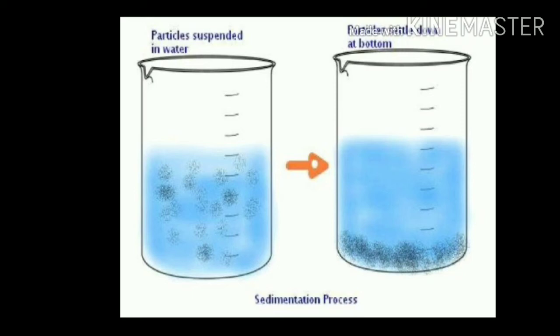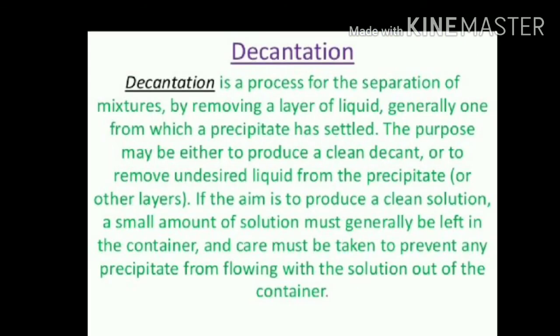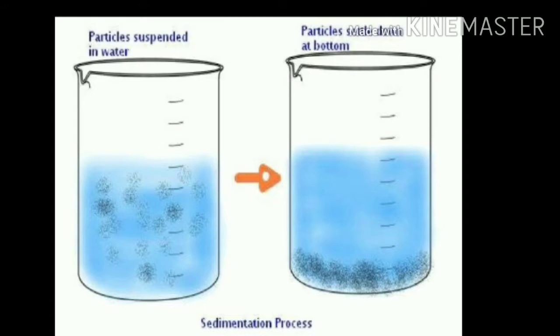After this, the decantation process is used for the separation of a mixture by removing a layer of liquid, generally one from which a precipitate has settled. Once this layer is formed, now you can see two layers. Upside there is a blue colored water layer, and downside there is a slightly black colored soil layer.